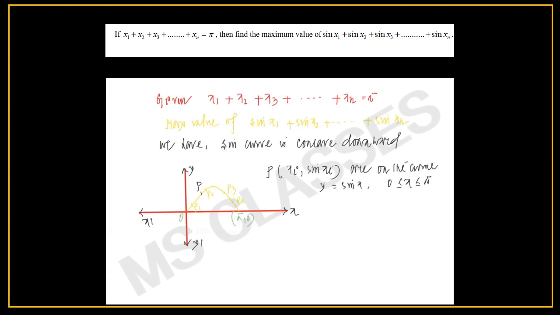So basically if we join all these points, then we get a polygon. So we can mention that on joining all such points, we get a polygon.